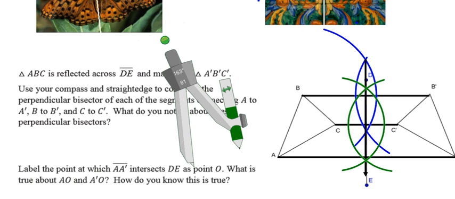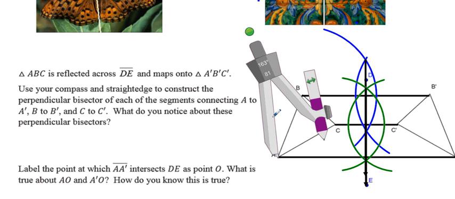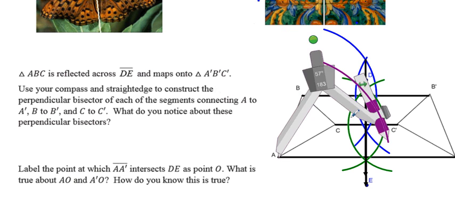When I go to grab my straight edge, I notice that this perpendicular bisector is exactly the same as the one I drew for B prime. And then lastly, I'll go and construct the perpendicular bisector for segment A prime. This one I'll make purple.